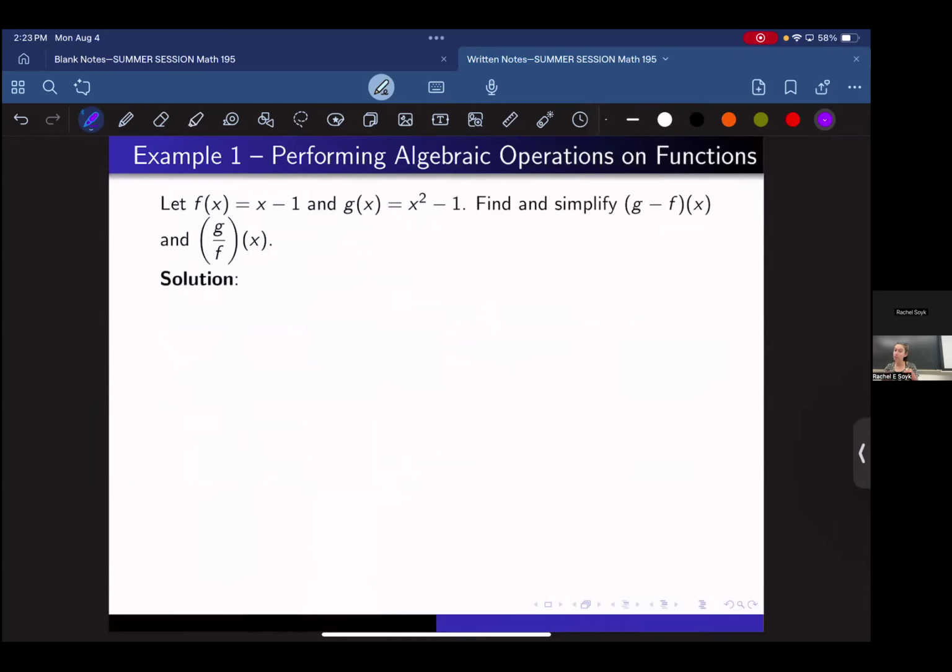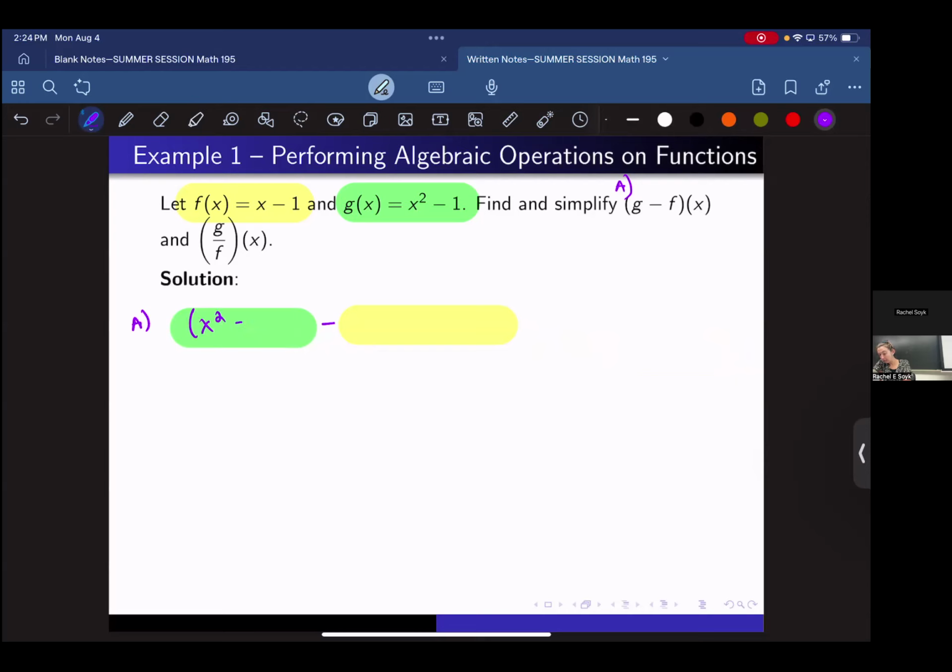Before we do, let's just get more comfortable with our main operations, subtracting, adding, multiplying, and dividing functions. So if we're given our f of x is x minus 1, and we're given our g of x is x squared minus 1, and we're asked to subtract f from g in our part A, then we're essentially doing green minus yellow.